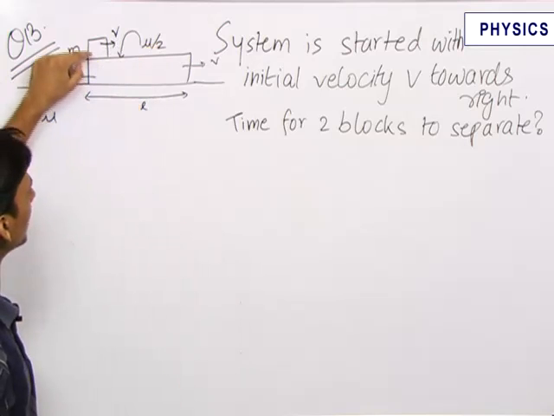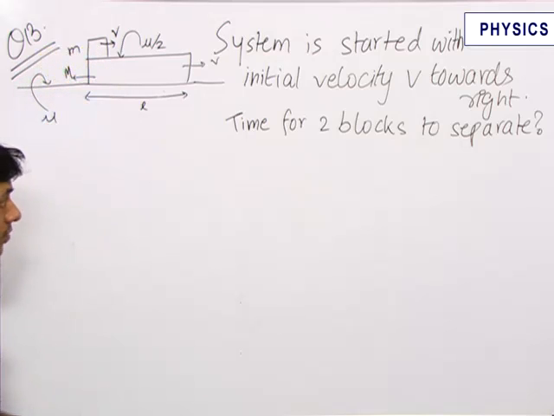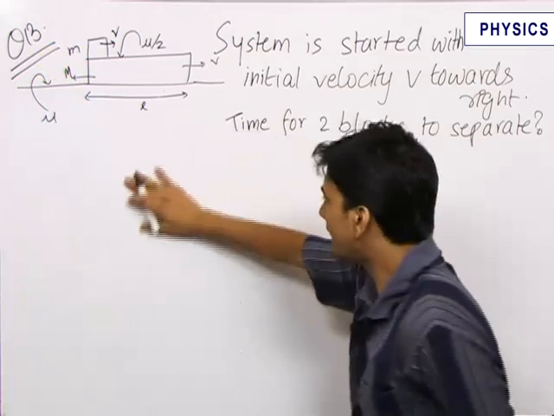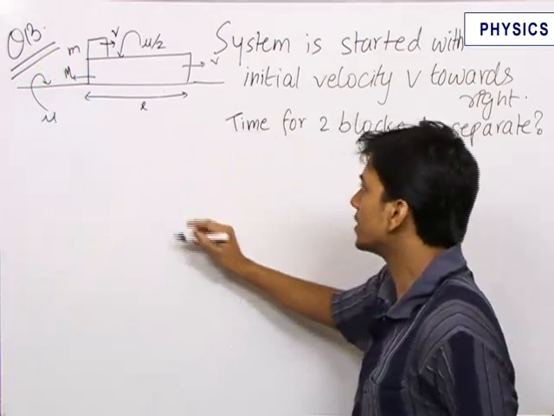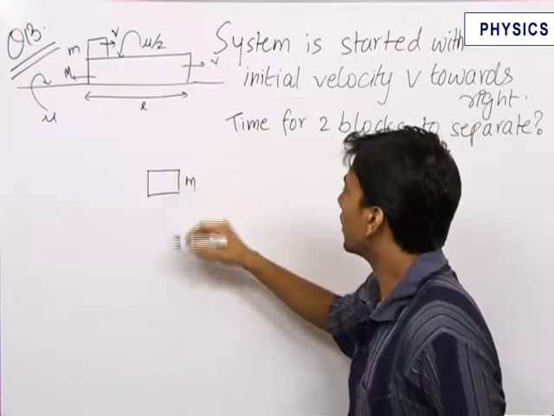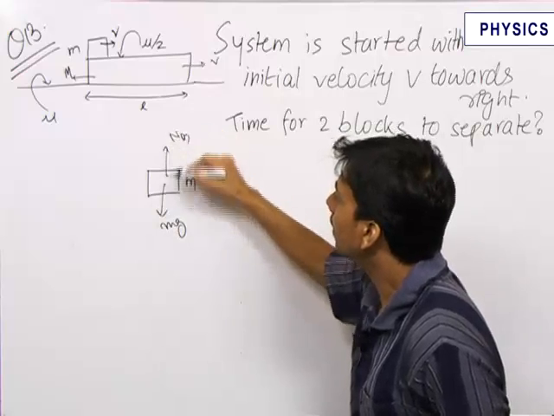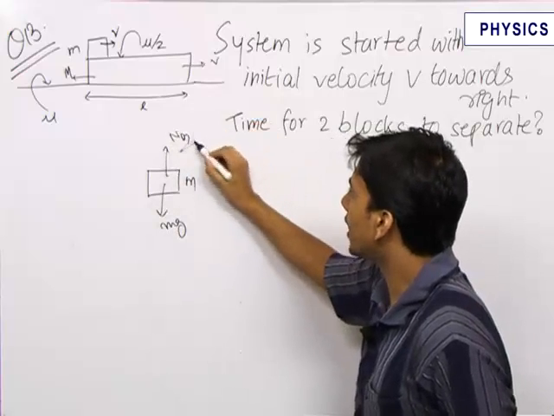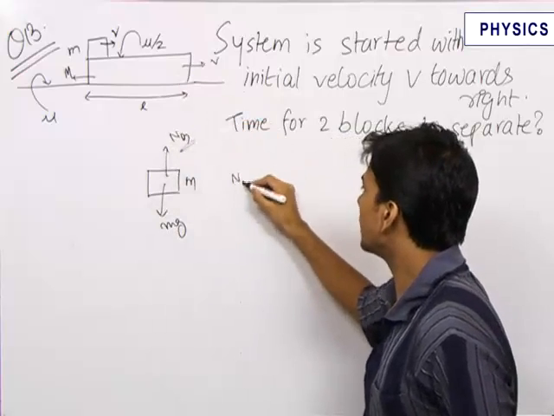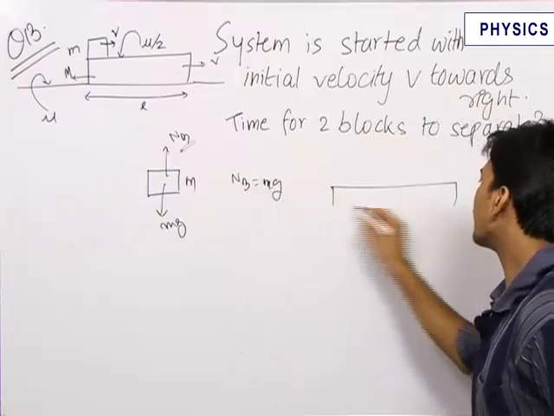Now we know that frictional forces will be acting between these two blocks and between this block and the ground also. Therefore, let us find out the normal reaction between the two surfaces first. This block of small mass m experiences mg in the lower direction and a normal Nb in the upper direction. This is the normal reaction due to the block. This Nb equals mg. Now consider the lower block.